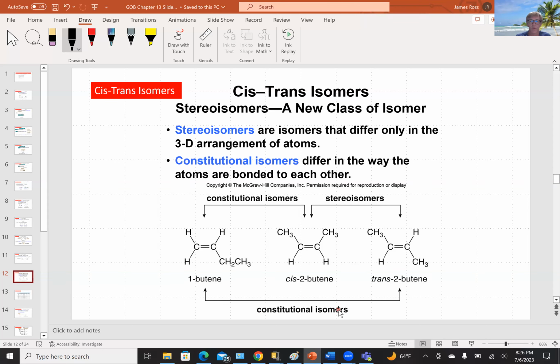How is that? Well, how are they isomers, period? Remember, to qualify as an isomer, before we look at the flavor of isomer, how do we know they're isomers? Let's look at trans-2-butene. It has 4 carbons, so C4: 1, 2, 3, 4. It's got 3 hydrogens, 4, 5, 8 hydrogens.